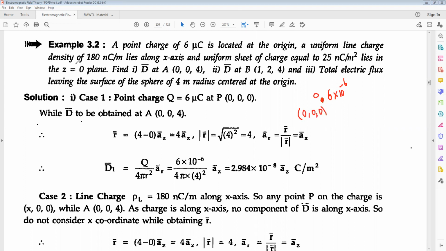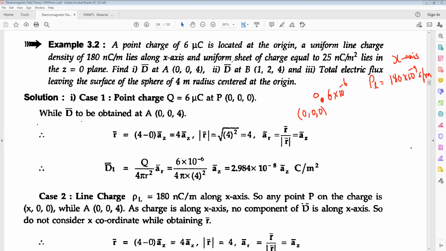A uniform line charge density rho L is equal to 180 nanocoulombs, 180 into 10 power of minus 9 coulomb per meter, lies along the x-axis. So they are saying it is the x-axis, meaning there is no component in the x-axis, only the remaining components.